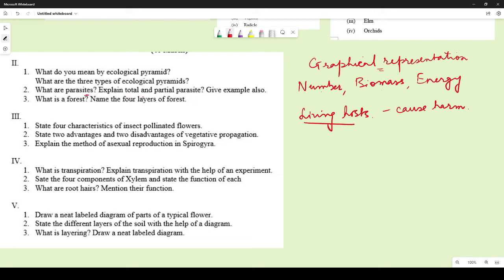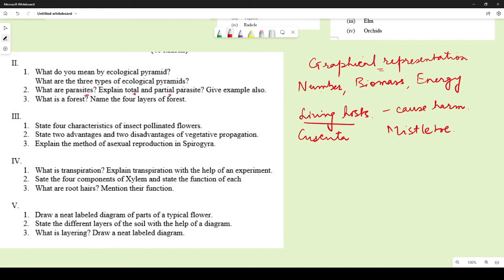Total parasites derive their total nutrition from their hosts, whereas partial parasites obtain part of their nutrition from elsewhere and part from the host. For total parasites, the example is Cuscuta or amarbel, and for partial parasites it is the mistletoe. So the examples are also given over here.